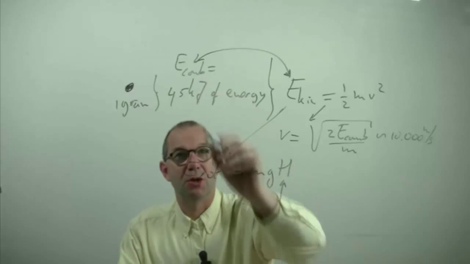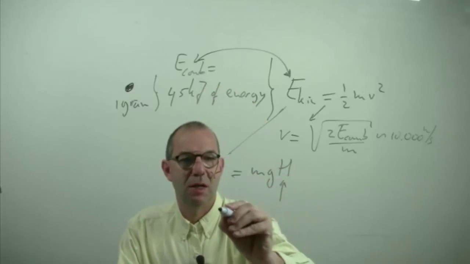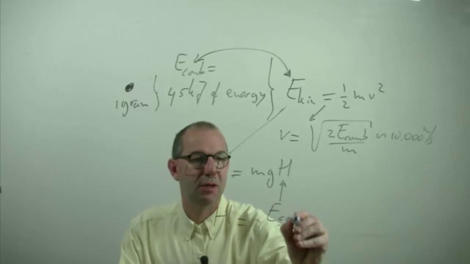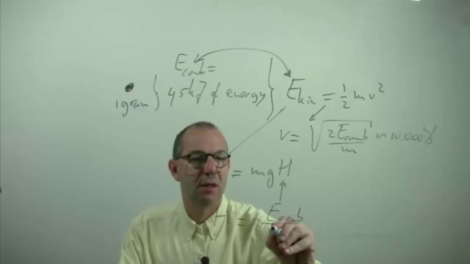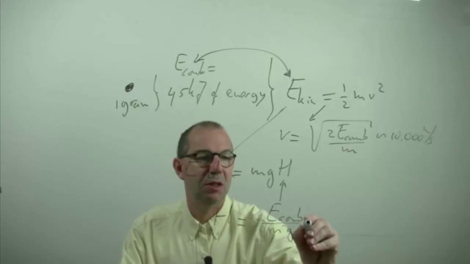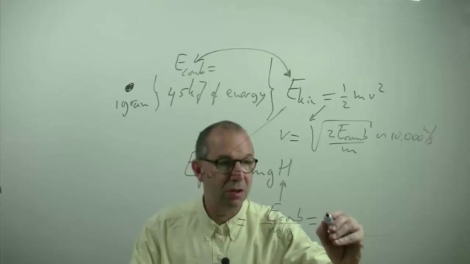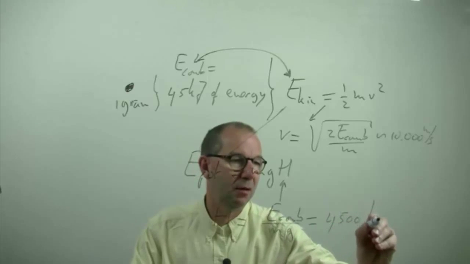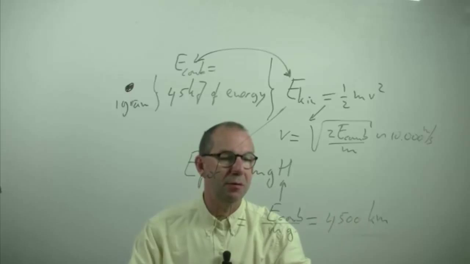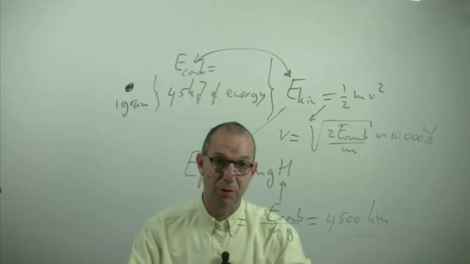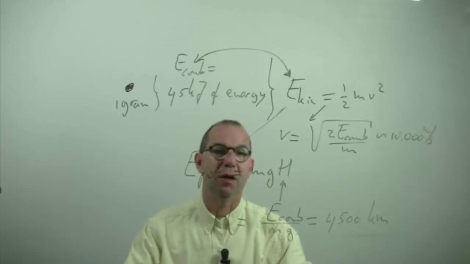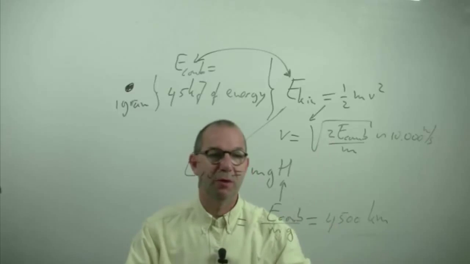Well, the same energy conservation will tell us that h becomes the combustion energy that is available to lift divided by mg, which is again an enormous number, 4,500 kilometers above the Earth. You're quite a bit outside our atmosphere. Basically, this particle is now floating somewhere in space.